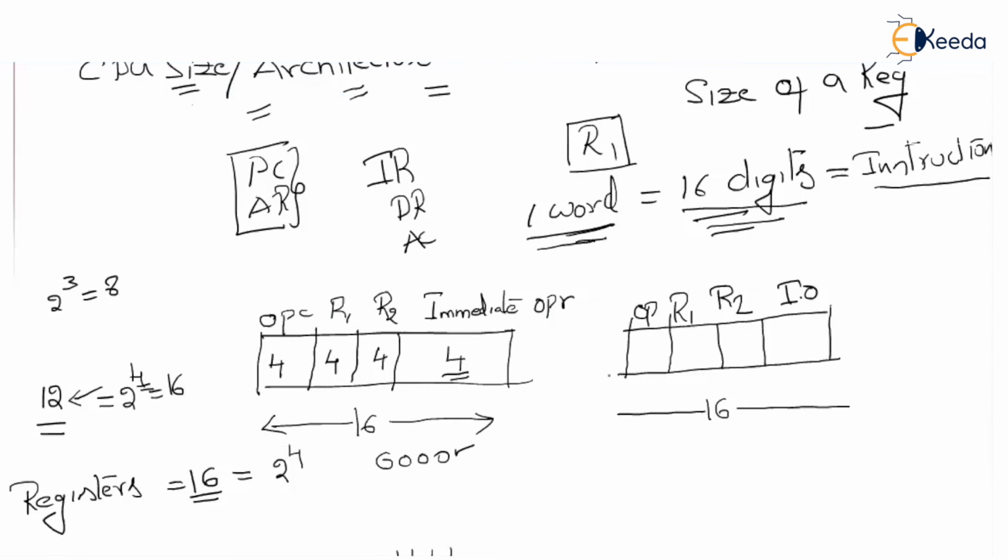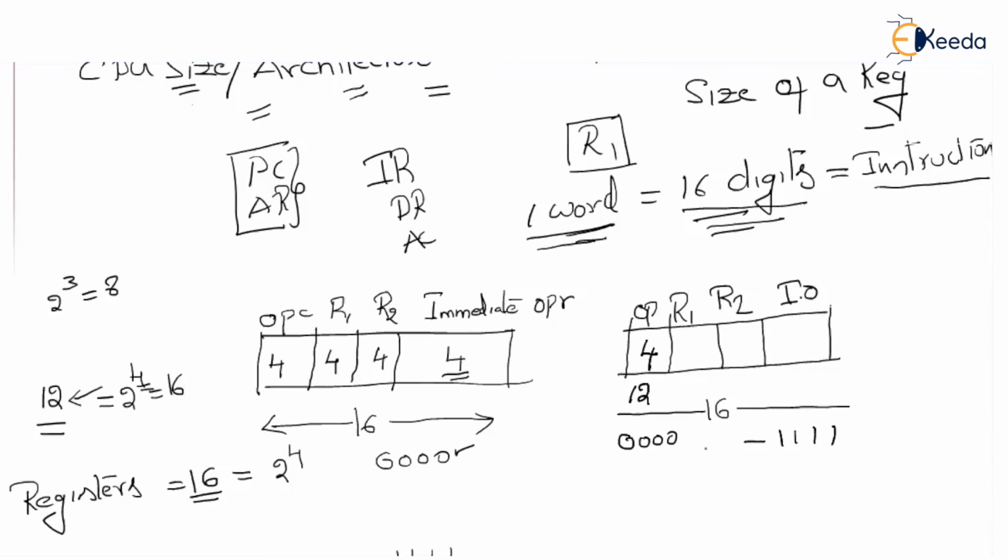Here we are given that the number of opcodes is equal to 12. For representing 12 opcodes, I require 4 digits because 3 digits are not sufficient. 4 digits are more, but fine. I need a minimum of 4 digits to represent the 12 instructions. Only 12 combinations will be used, because 4 digits give 16 combinations, 0000 to 1111.